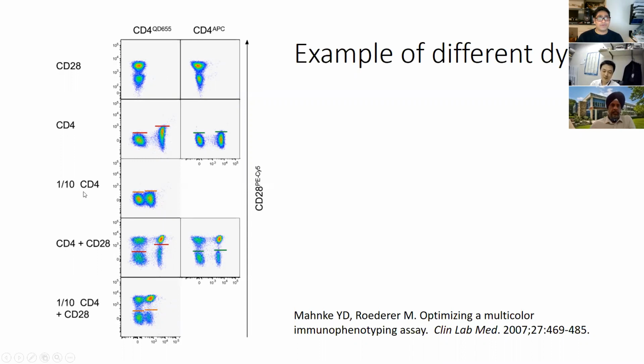So if we use less CD4, bringing it down from this one to here, it will cause less spreading. That's one of the strategies, titrating the antibody. After co-staining, you can see the spread close to this one, but if we use less and bring this population down to here, it will make things separate.